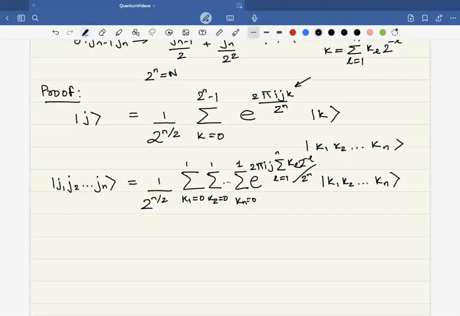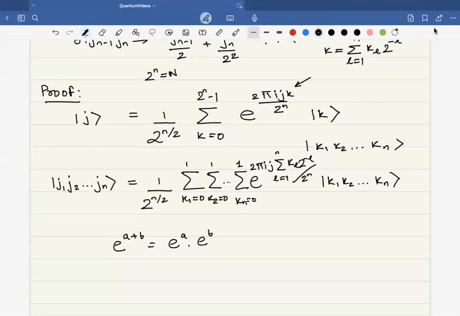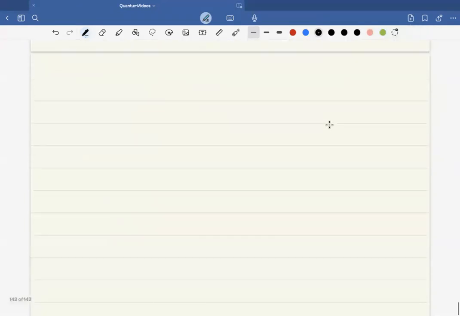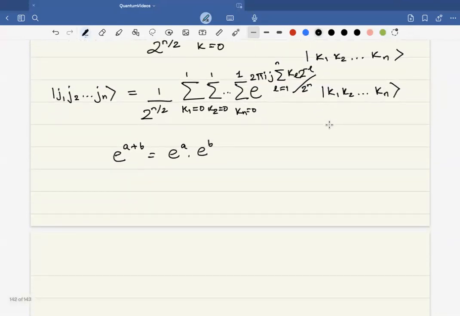But notice that this is in the exponent, so I can use the fact that e to the power a plus b is equal to e to the power a times e to the power b. So in the next step, I'm going to change this exponent. Okay, so here is my next step. j1, j2, jn.